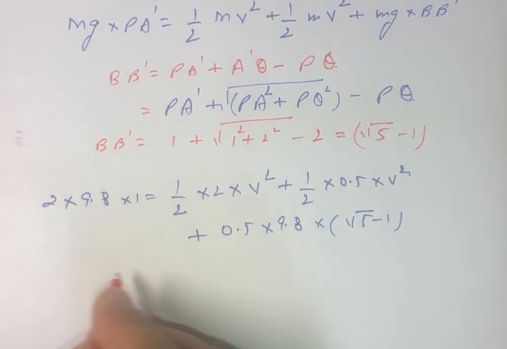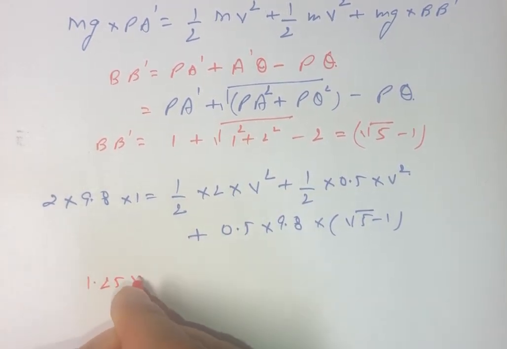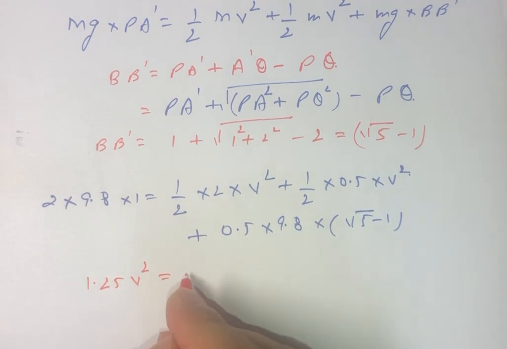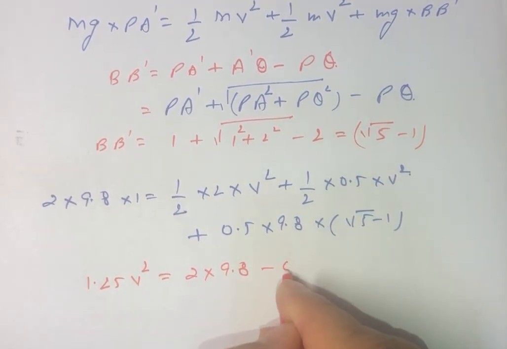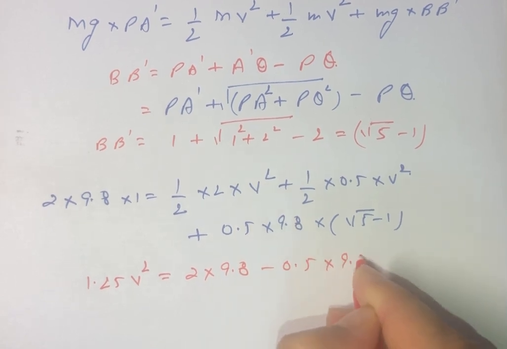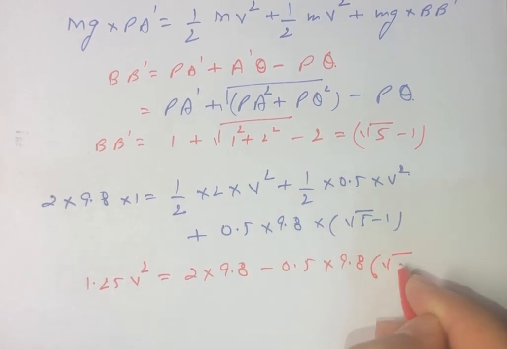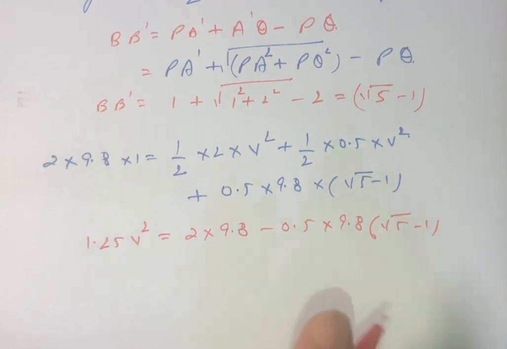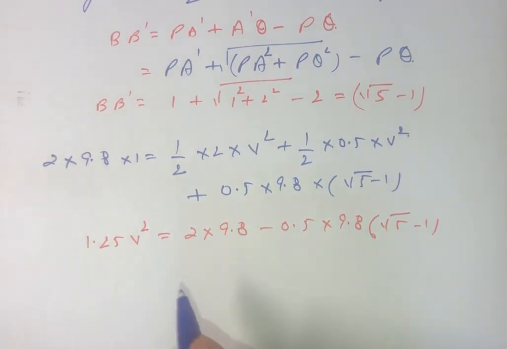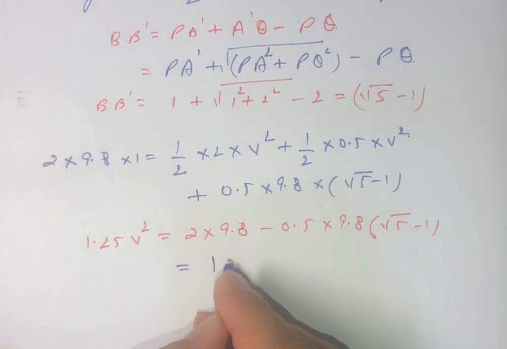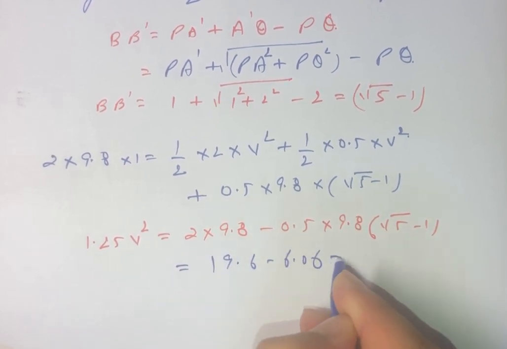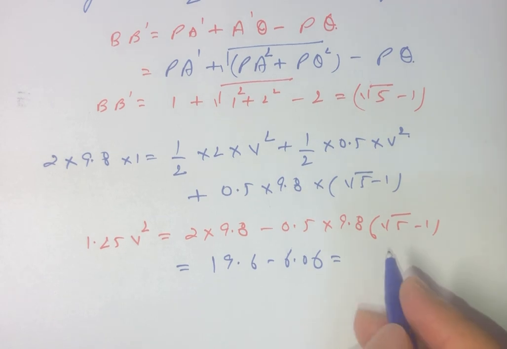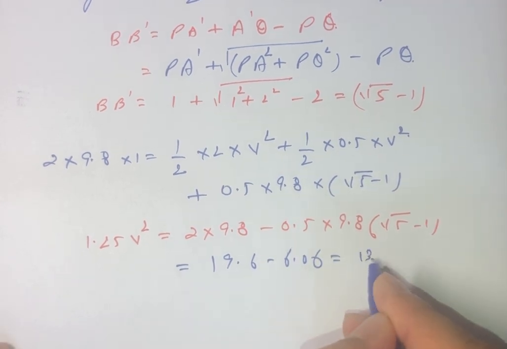So this can be written as 1.25 V square is equal to 19.6 minus 6.06, which comes to 13.54.